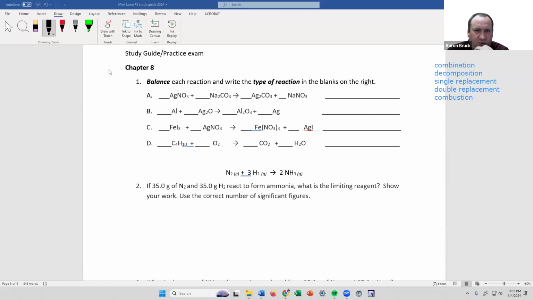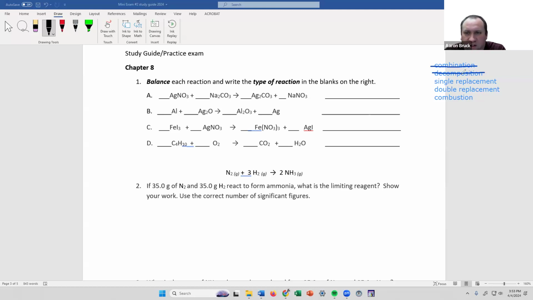I can see that we have no single products here, so we can right away take combination off the list. Decomposition reactions are when a single reactant breaks apart into multiple products. None of these have single reactants, so that one can go off the list as well.